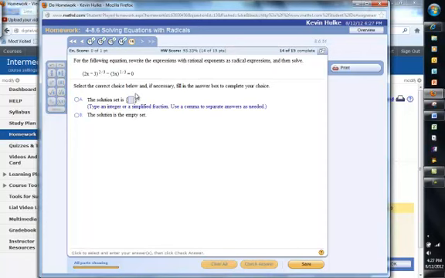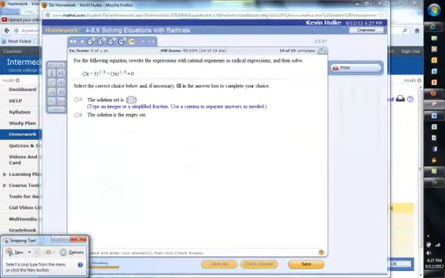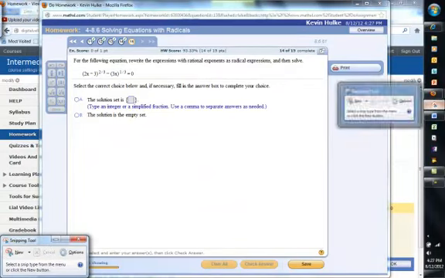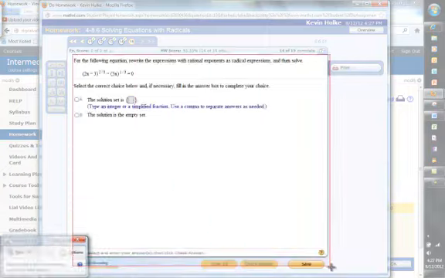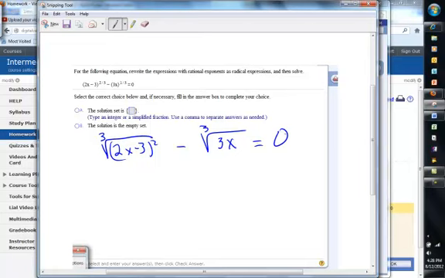Number 15. The first thing we want to do with this one is to write this as the cube root of 2x minus 3 squared minus the cube root of 3x equals 0.